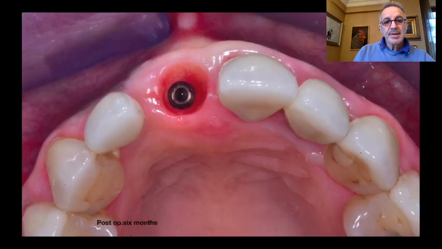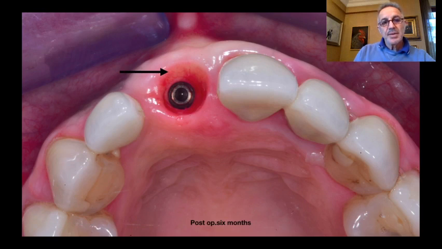As you can see here, the tissue maturation and the vascularization of tissue, and we didn't have any collapse on the buccal side, but unfortunately, we already know this situation on the distal side.